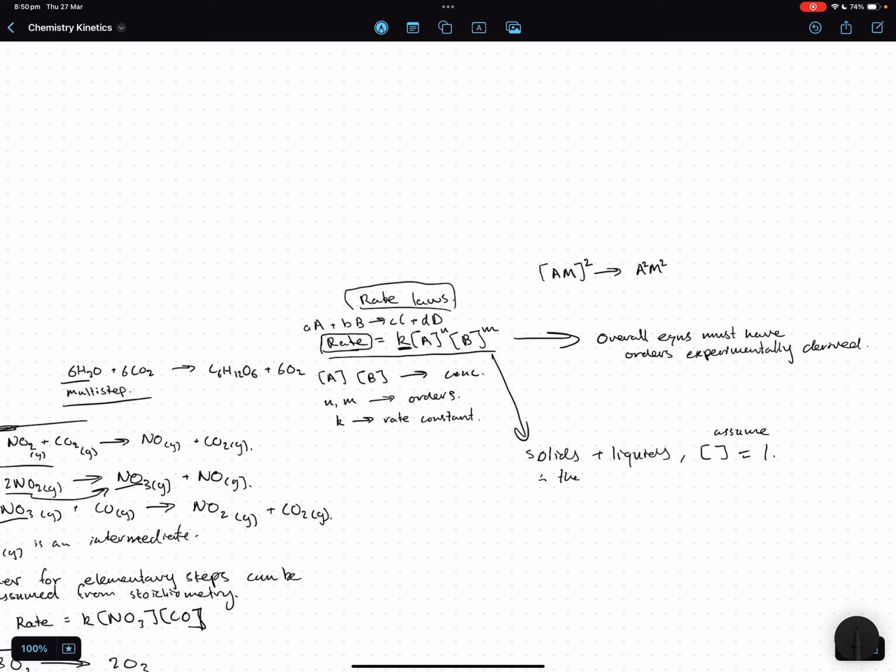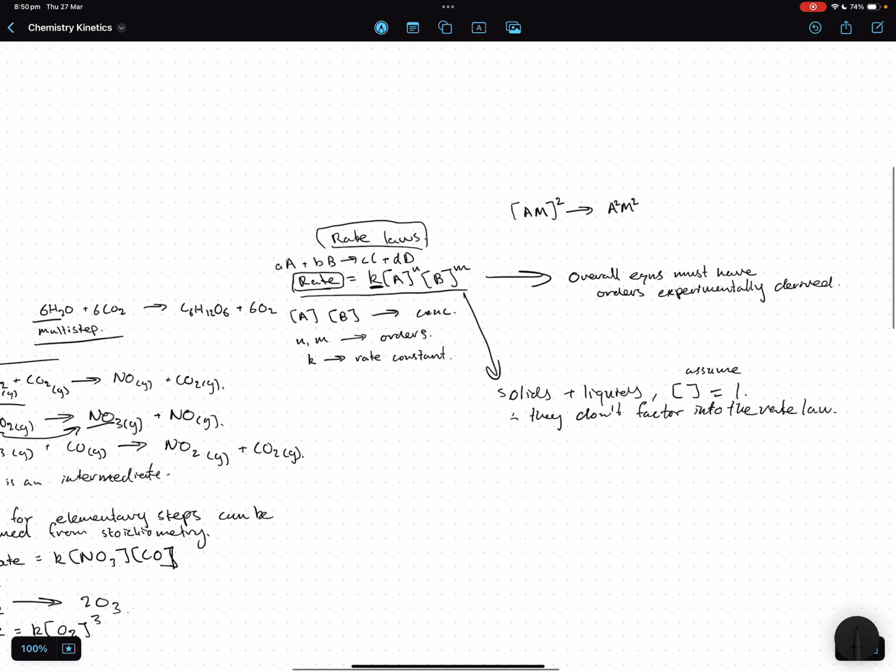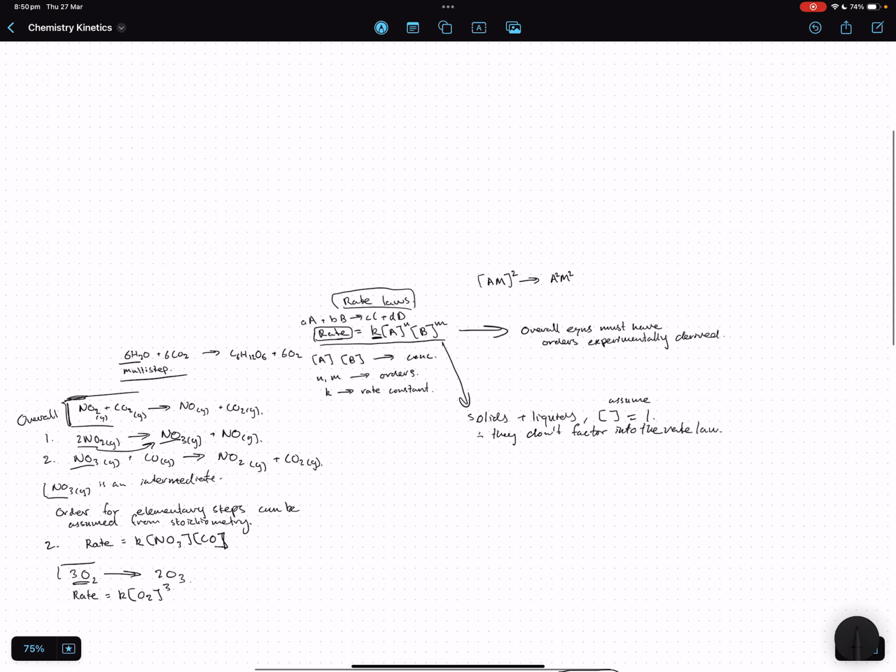Therefore, they don't factor into the rate law. That's just something you have to remember.